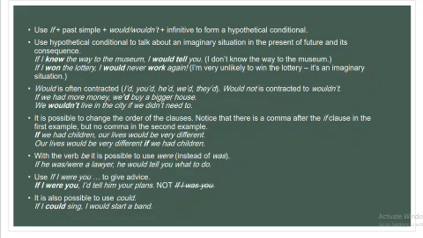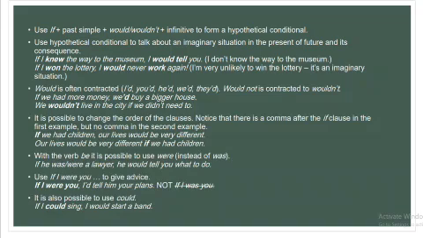Okay, look at the next point. Please pay attention to the next point. It is possible to change the order of the clauses. Notice that there is a comma after the if clause in the first example, but no comma in the second example. In the previous video, I talked for you about if clause and result clause in the conditional sentences.